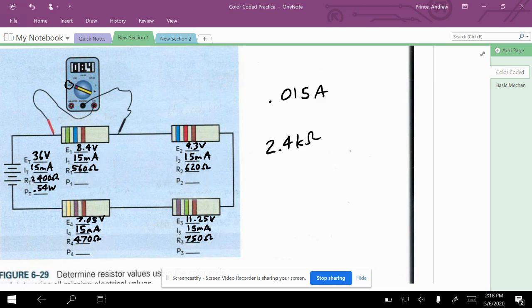So for resistor 1, 8.4 times 0.015, 0.126 watts.